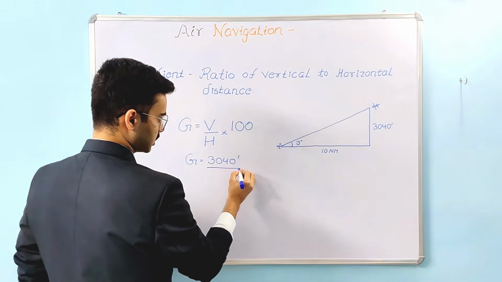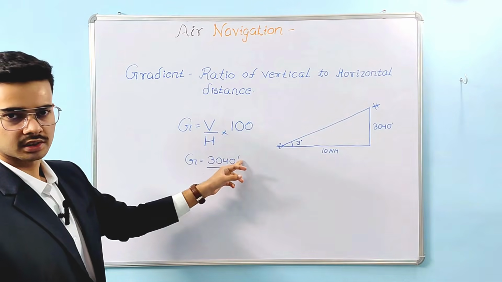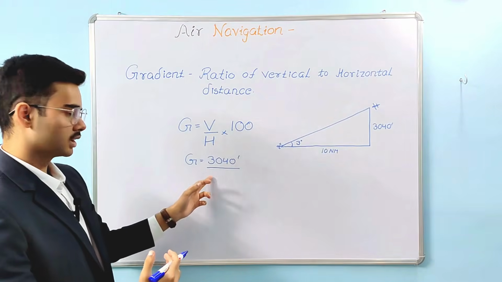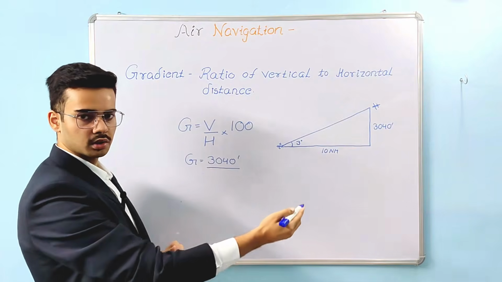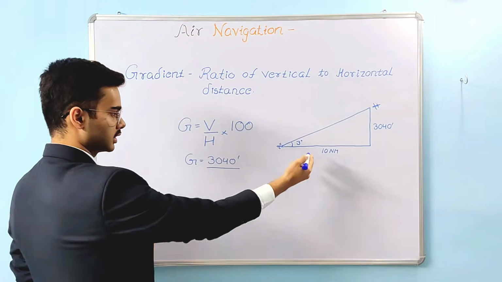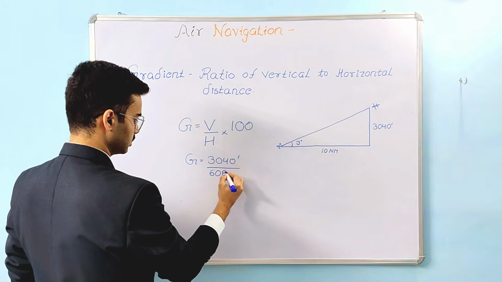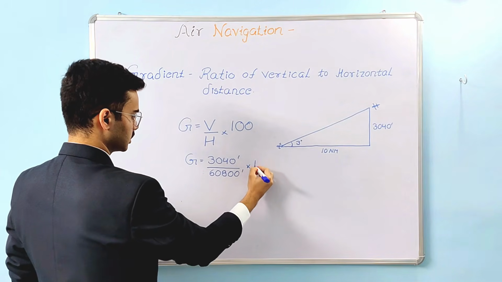Horizontal distance, should we write 10 nautical miles? No, because this unit is in feet. Let's convert 10 nautical miles into feet and then write it down, else we'll have an error. So 1 nautical mile is 6080 feet, add a 0, that's 60800 feet, into 100.